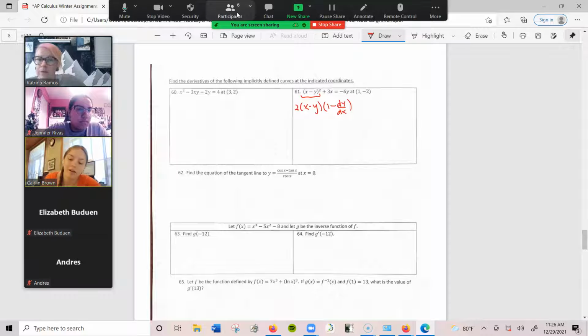Yes, because that's the derivative of the x. So remember, you're finding the derivative of everything that's inside of that parentheses.